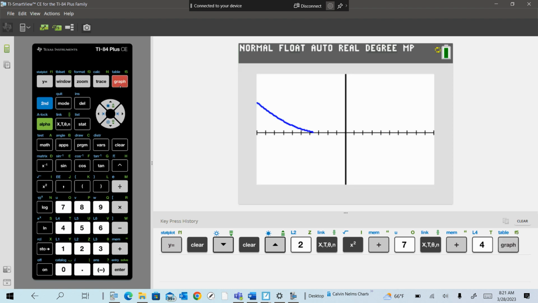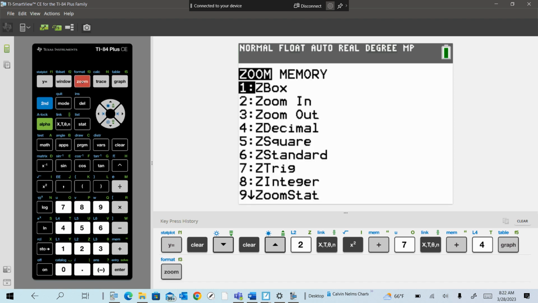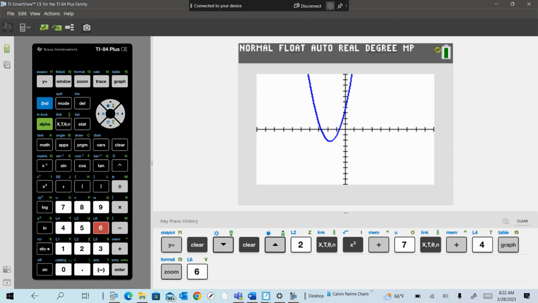And we're going to graph it. Okay, I'm going to fix my window because I don't think this is a standard window. I always hit zoom and either go to 6, which is standard, or we're going to go to zoom fit to fit the graph onto the window.